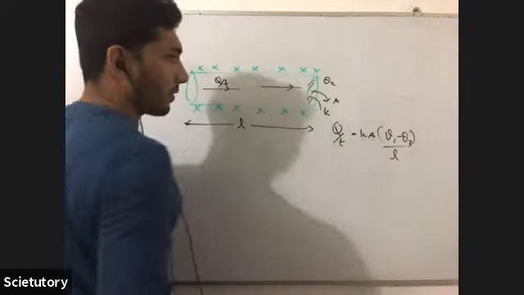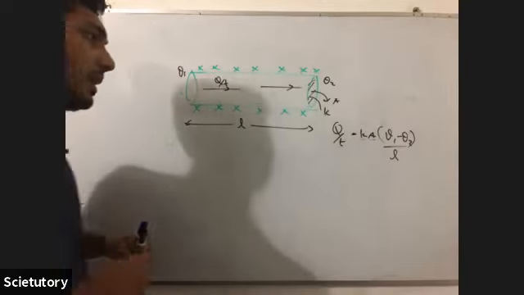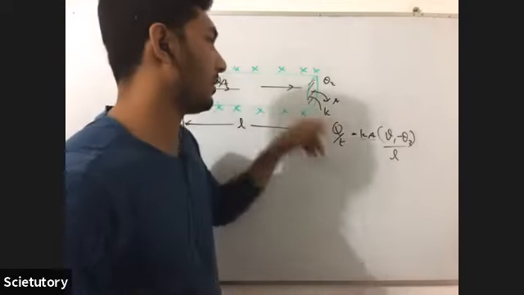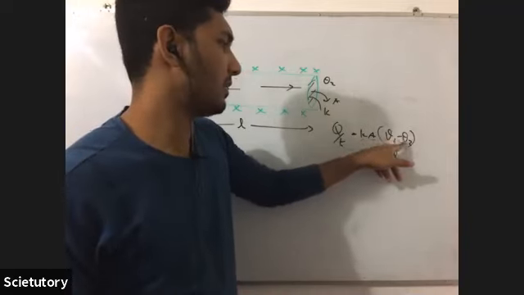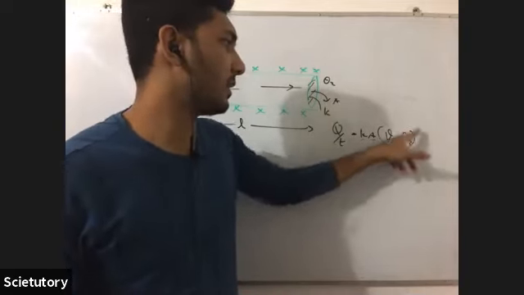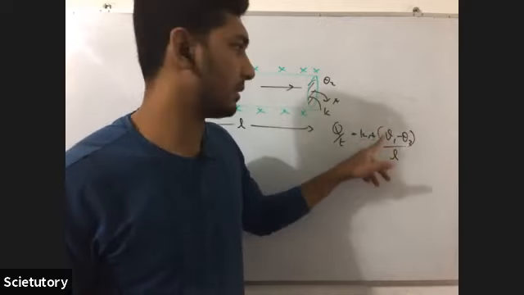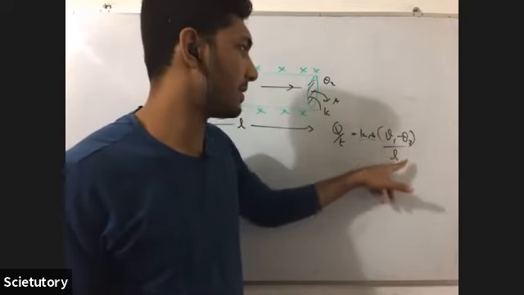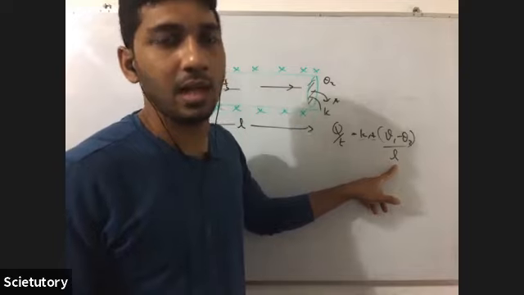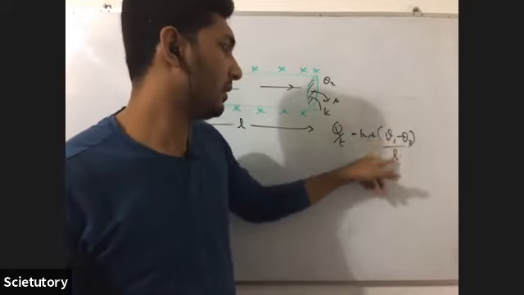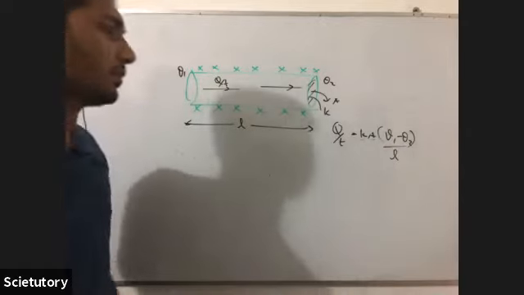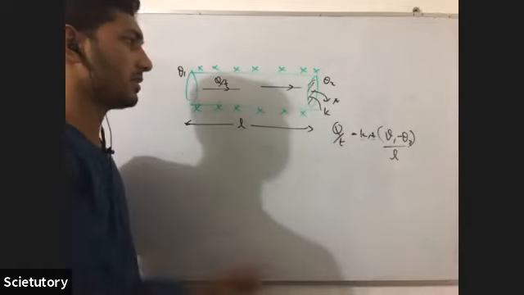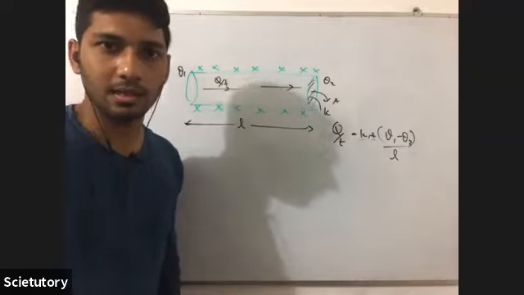This is the area of cross section perpendicular to the flow of heat, and this is the temperature gradient, temperature difference divided by the length. At a stable state, this is constant along the length. Okay.